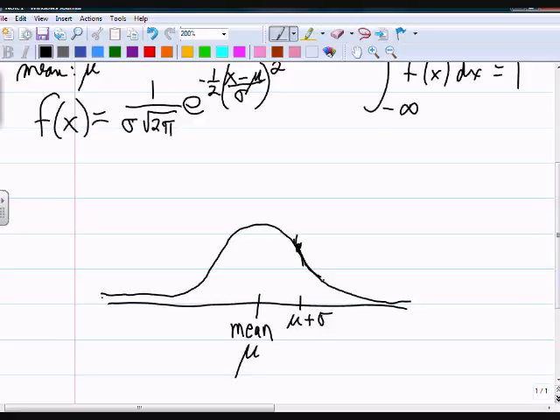Algebraically, it's easier to see when you're looking at the derivative, but we're not going to do that. A lot of times we'll just be given the standard deviation, and we'll work to the inflection point from there. And there is an inflection point on the other side of the center, and that value on the x-axis is going to be the mean minus the standard deviation.